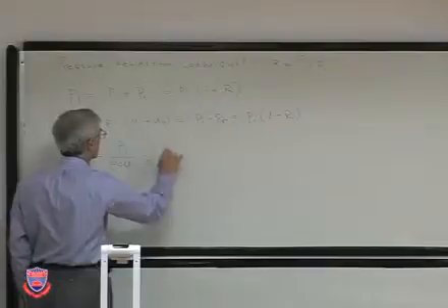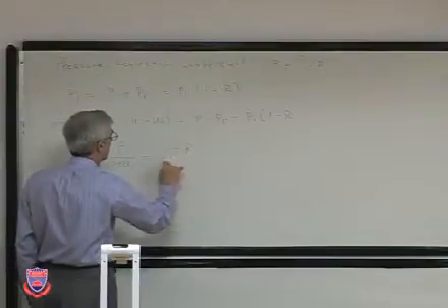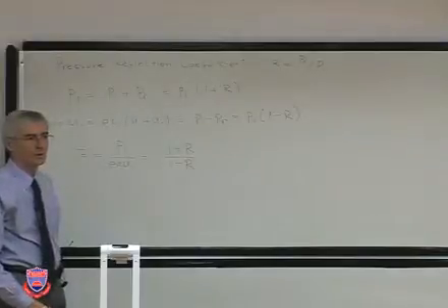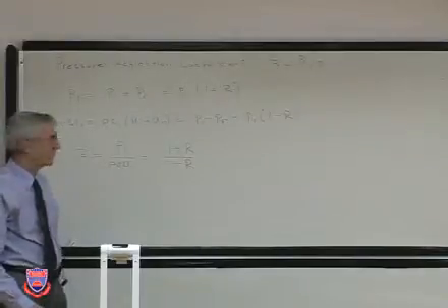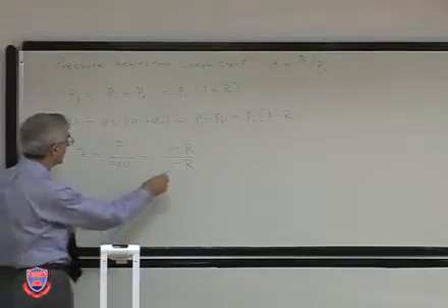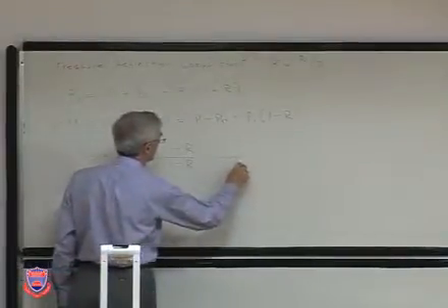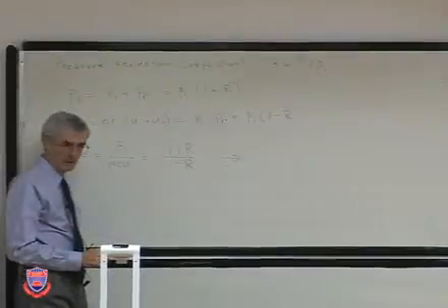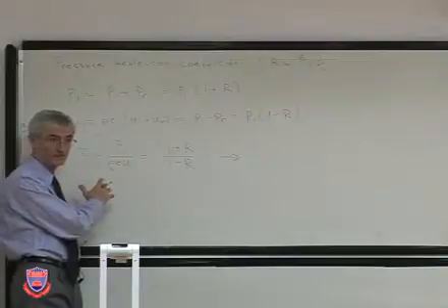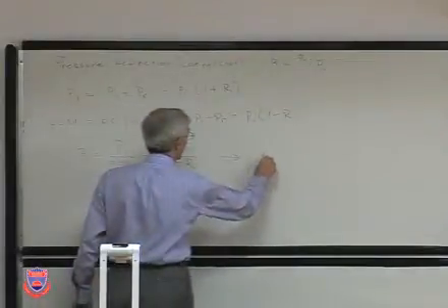So the impedance is a ratio of 1 plus the reflection coefficient divided by 1 minus the reflection coefficient. And from here, we can express the reflection coefficient in terms of impedance Z1, right?